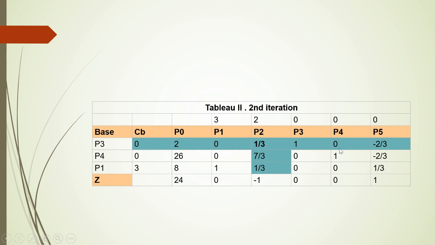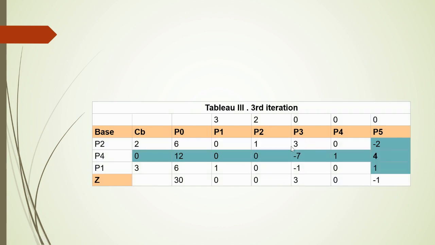When we compute the ratios, we can see that this row is getting the minimum ratio. So this is the pivot row, and 1 by 3 is the pivot element. So this row is the leaving row. Now we will divide this row by the pivot element 1 by 3, because it is the intersection of the pivot column and pivot row.